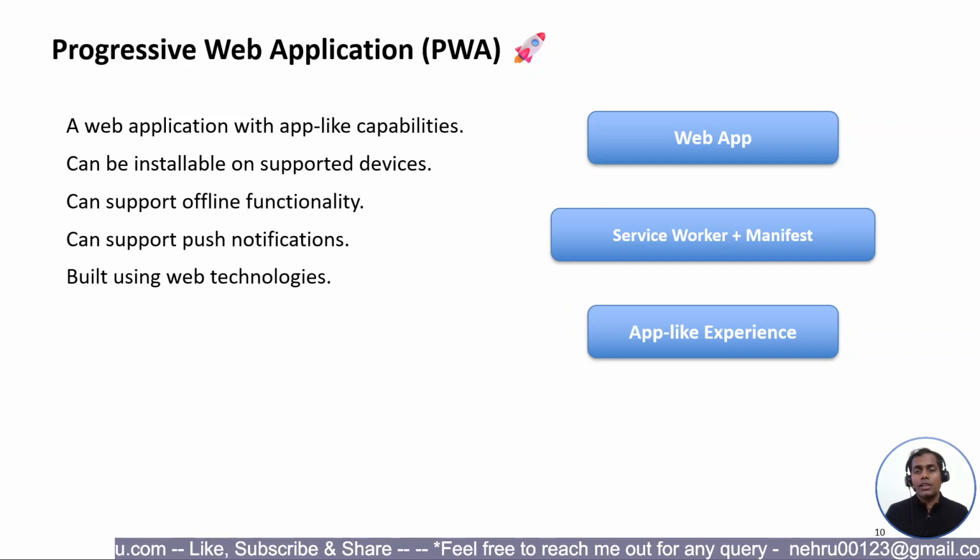Think of an online shopping or delivery service that you open directly from the browser, and it requests you to install. Within a minute it's installed on your phone's home screen without going to the App Store or Play Store. That is called a progressive web application. A PWA is not a replacement for every native mobile application. It is another approach depending on the requirements.